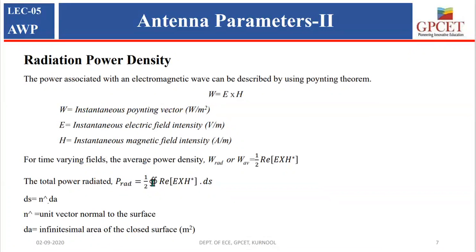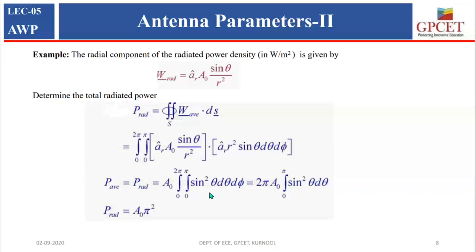ds is equal to a unit vector normal to the considered surface, n cap. Here the unit vector is a cap r into dA. dA means small area. In the spherical coordinate system, any small area or small patch we can represent by r square sin theta d theta d phi.